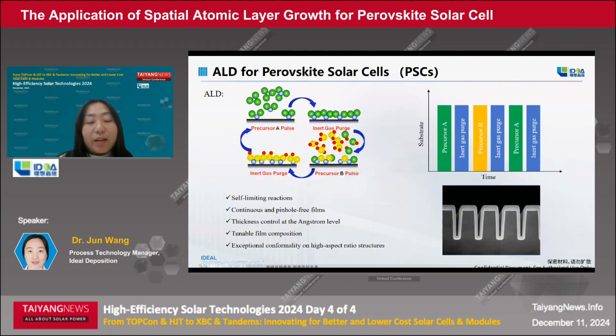ALD allows growing atomically precise, dense, pinhole-free, and conformal films through the sequential exposure of the substrate to the precursor. In this layer-by-layer growth, a precursor gas initially reacts with the substrate, and then is purged by an inert gas. A second precursor then reacts with the first precursor absorbed on the substrate, after which it is purged, completing the deposition cycle.